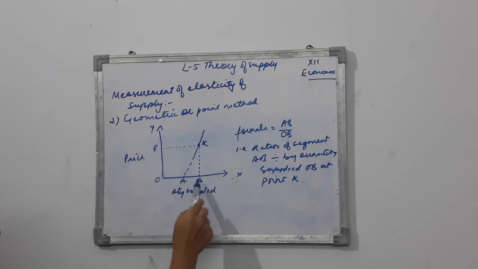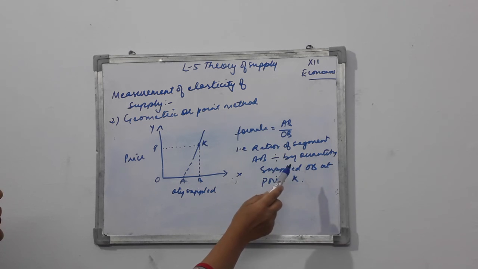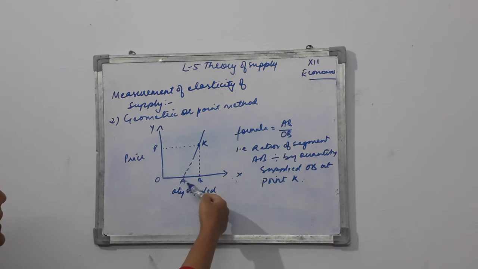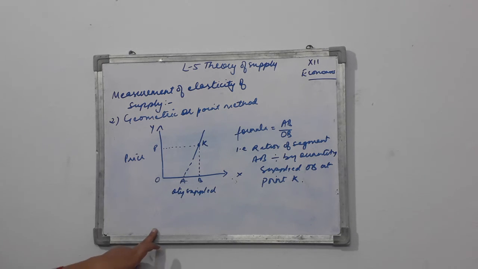AB upon OB. इसका मतलब क्या है? The ratio of segment AB, जो AB segment है उसका ratio जब divide कर देते हैं उसको quantity supplied OB से, right?